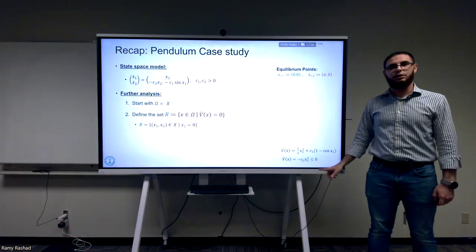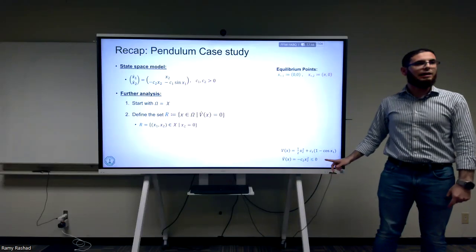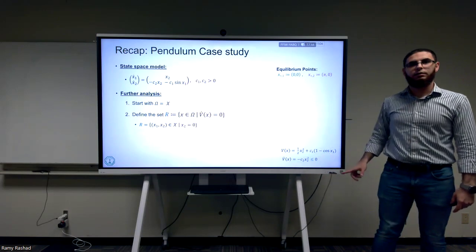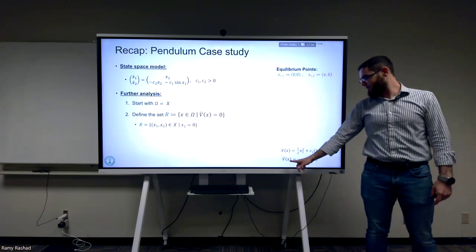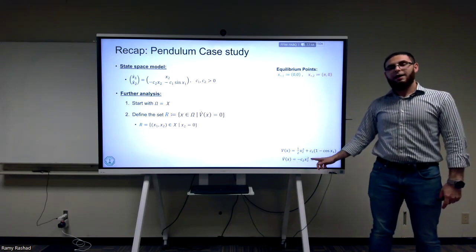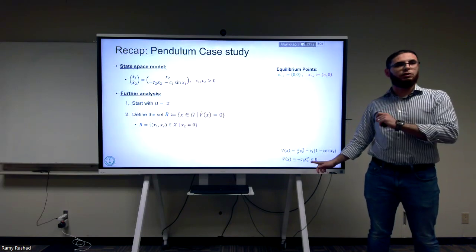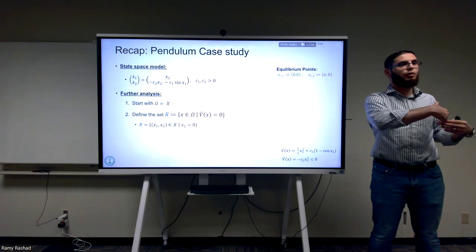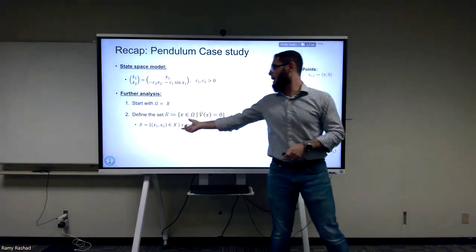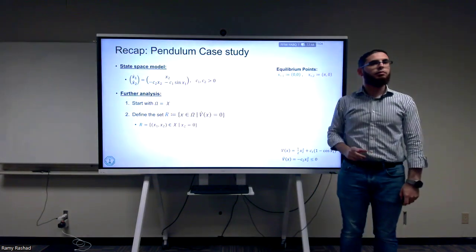Looking at the function that we chose, and the V dot that we calculated earlier, how is R defined? When is V dot equal to 0? For any value of x1 and x2 equal to 0. So if I have x1 equal to any number and x2 equal to 0, then I immediately have V dot equal to 0, which gives us this definition of R.